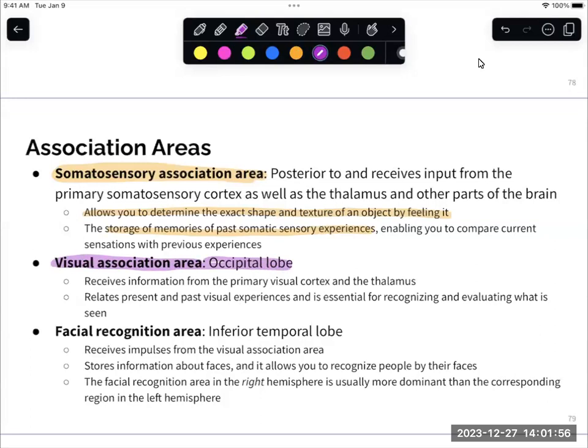That visual association area lets you know what you're looking at because it's relating it to present and past visual experiences to know what is being seen. We have a facial recognition area in part of that temporal lobe. So it stores information about faces. This is what allows you to recognize people by their faces.